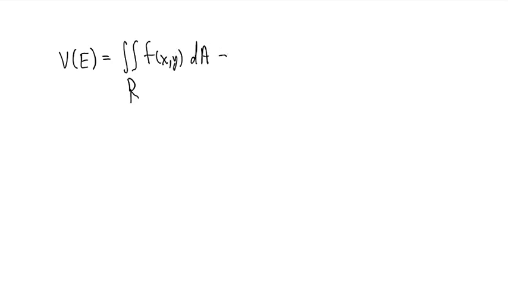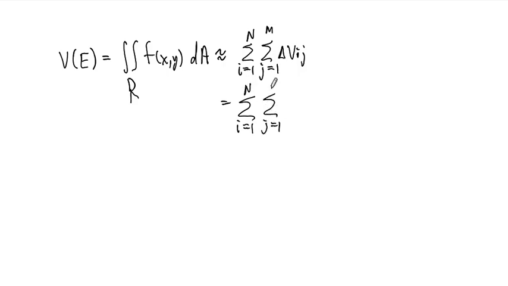This is approximately equal to the sum, as i goes from 1 to n, of the sum, j goes from 1 to m. We need a double sum here because we need to add up the x direction and the y direction of our delta Vij's. And of course this is equal to the sum i goes from 1 to n, sum j goes from 1 to m of this product, f of xij star, yij star, delta xi, delta yj.